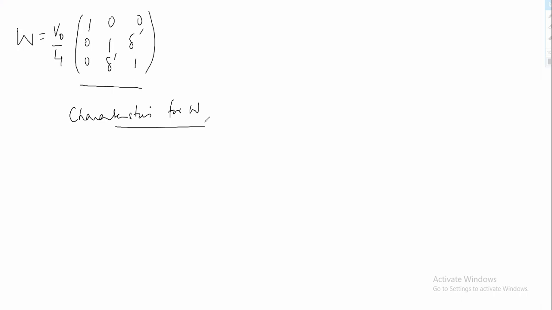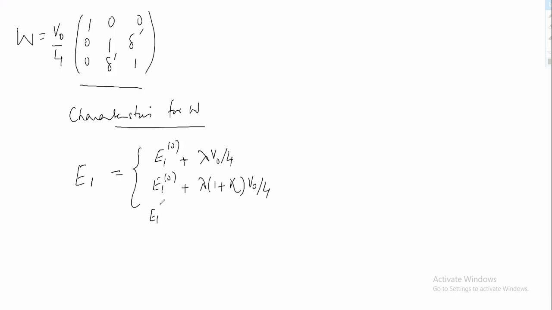That result would be something like, you may check, E1 is equal to E1 0, the unperturbed energy, plus lambda V0 by 4, E1 0 plus lambda 1 plus kappa V0 by 4, and E1 0 plus lambda 1 minus kappa V0 by 4.